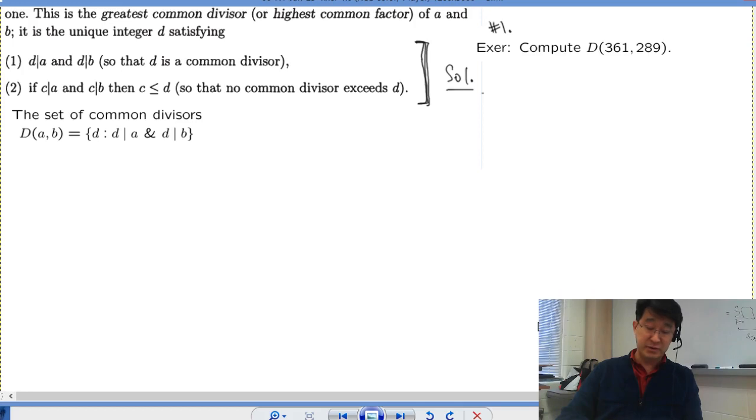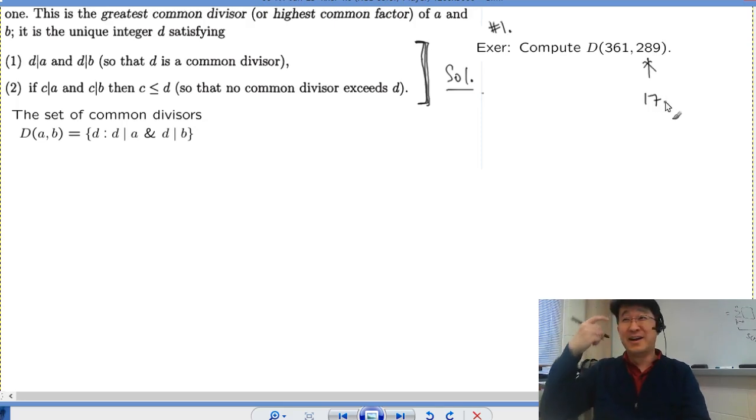I didn't silence my phone. Oh, 17, was it 17? 17 goes where? 289? 289 is 17 squared, I think. 17 goes in there. 17 squared.